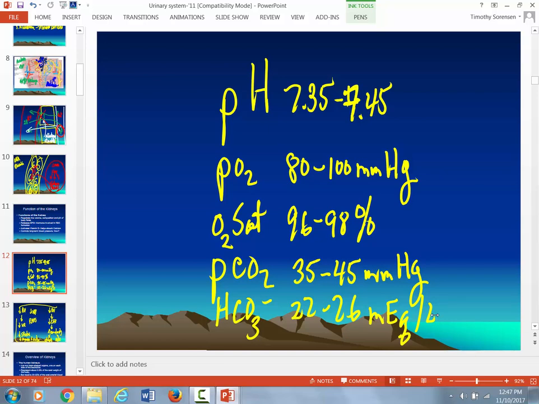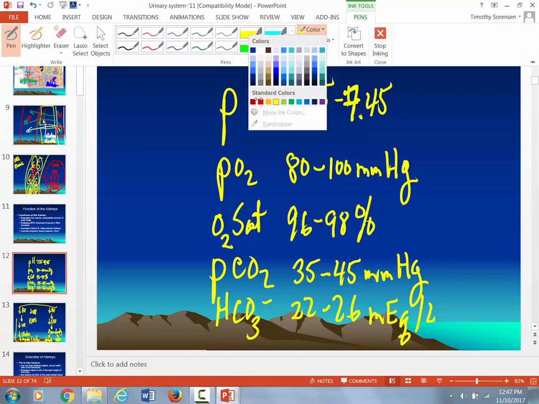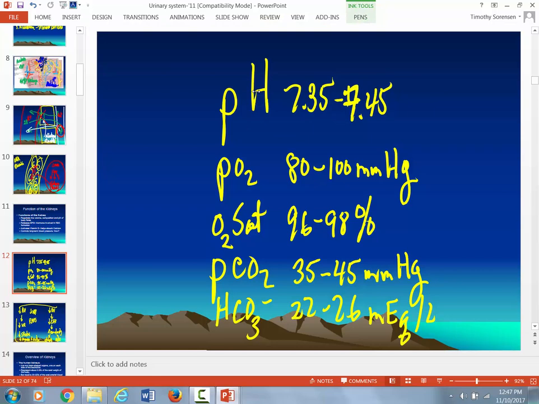All right, now watch. When you look at arterial blood gases, the most important values show up first. So the pH shows up first. Then the PO2 and the O2 sat show up. Now, write this down. Directly, PO2 and O2 sat have no effect on the pH of the blood.